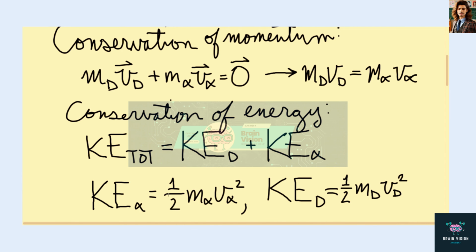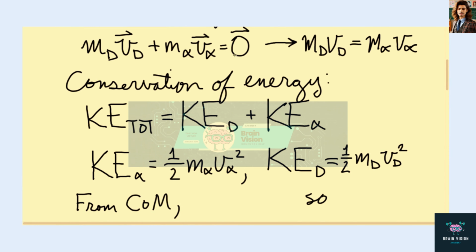Each of these can be expressed in their usual form. For the alpha particle, the kinetic energy is 1/2 times the mass of the alpha particle times its velocity squared. Similarly, for the daughter nucleus, it's 1/2 times its mass times its velocity squared.